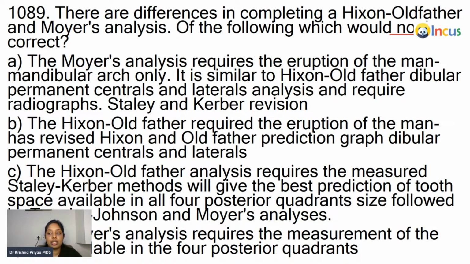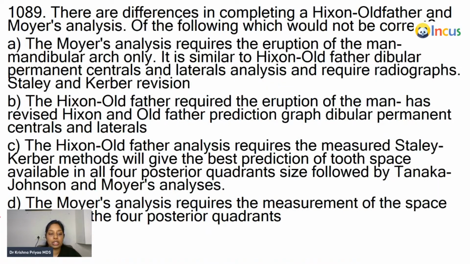It is similar to Hixon Oldfather, mandibular permanent centrals and laterals, and requires a radiograph. The Hixon Oldfather requires an eruption of the mandibular teeth, and the revised Hixon Oldfather predicts values from the mandibular permanent centrals and laterals. The Hixon Oldfather analysis requires measurement, and the Stanley Kerber methods give the best prediction of the tooth space available in all four posterior quadrants. Or the Moyer's analysis requires the measurement of space available in the four posterior quadrants.